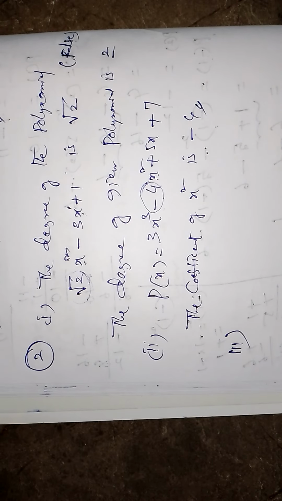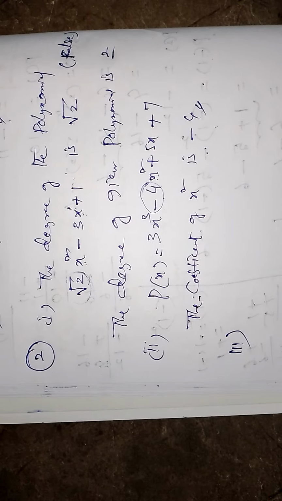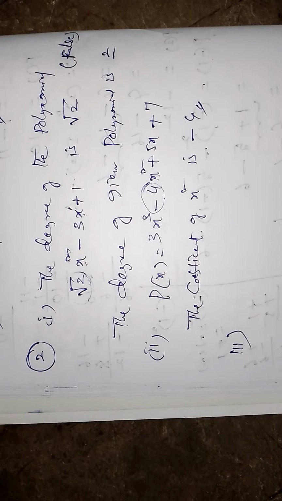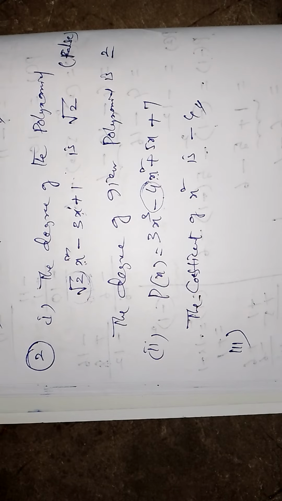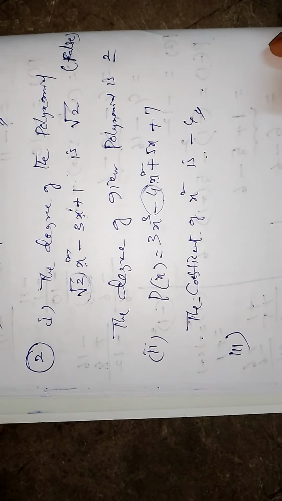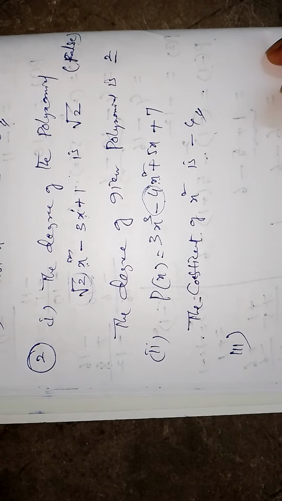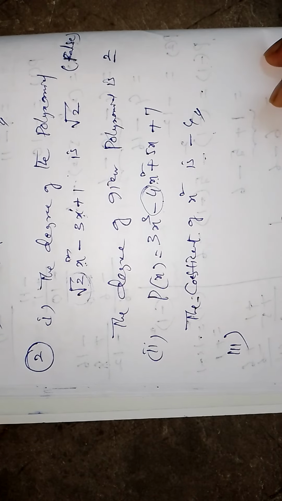Why? Because you know that the degree of a constant term is 0 only. The degree of the zero polynomial is undefined. The degree of a constant term is 0 only. Yes, it is the true statement.